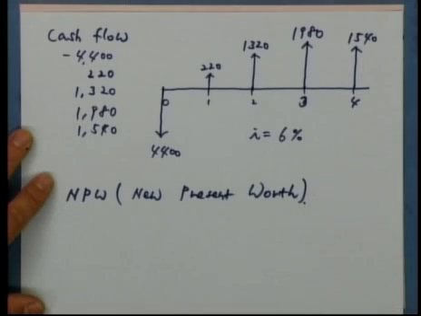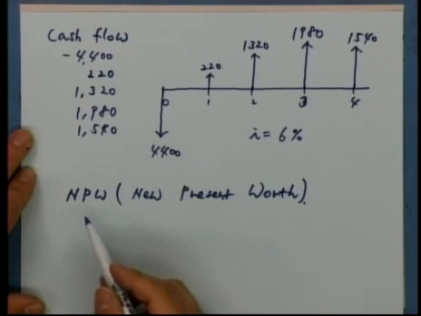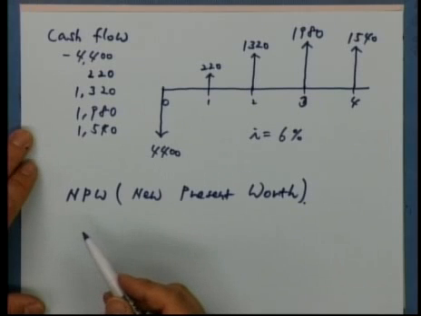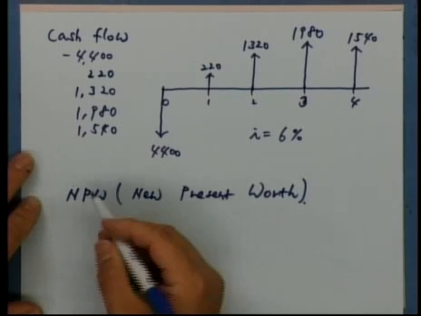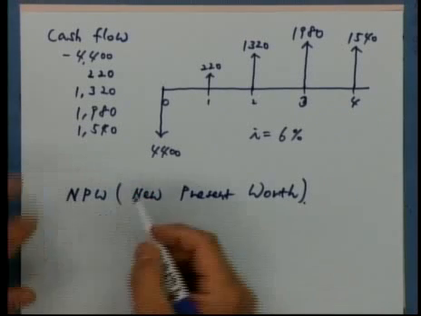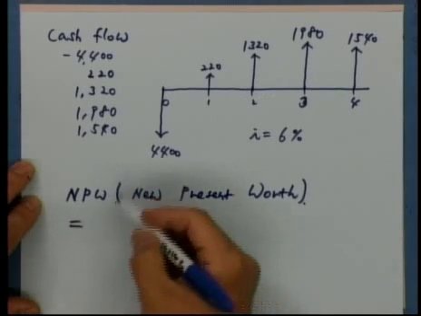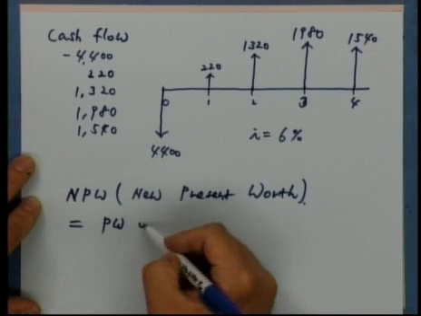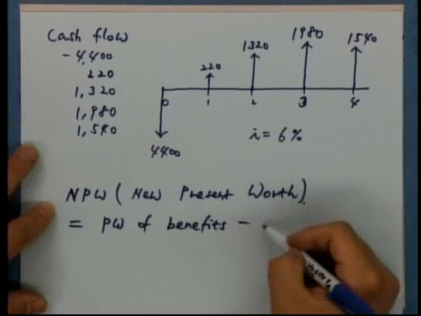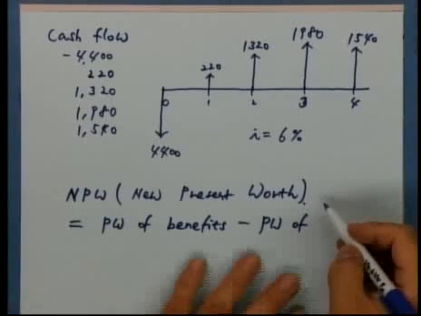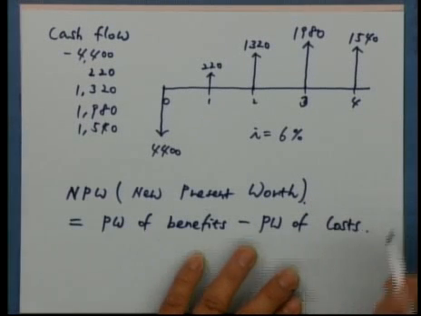That is, we compare two alternatives and select the one in which the present worth of benefits minus the present worth of cost is a maximum. So basically the net present worth can be obtained by present worth of benefits minus present worth of cost.